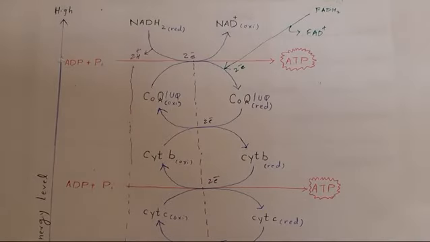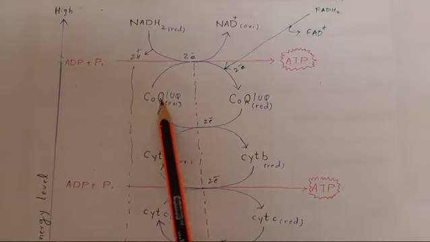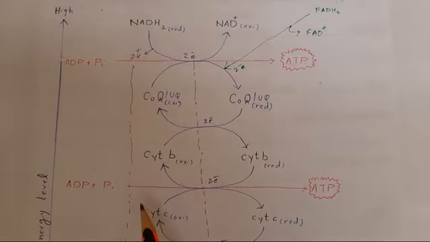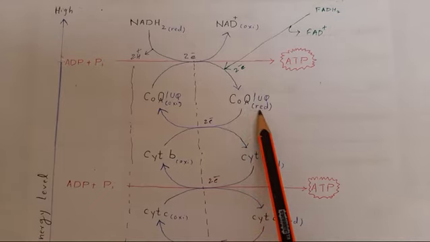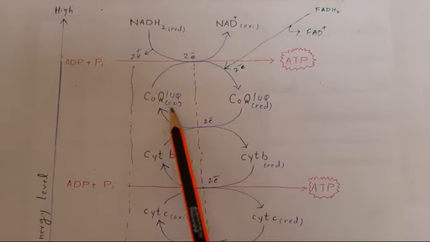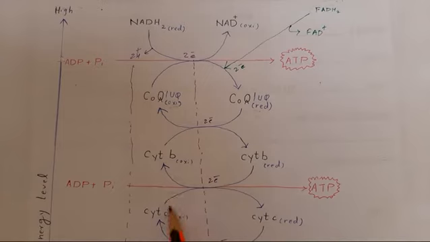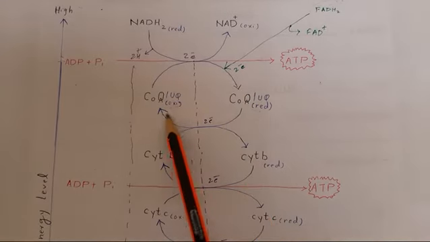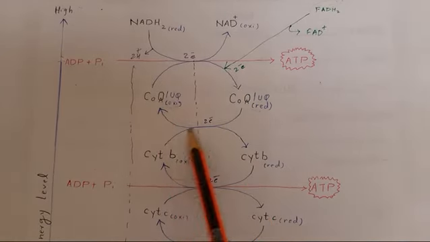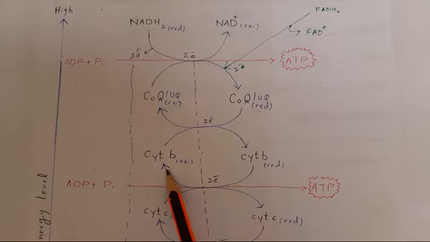The coenzyme Q and cytochromes are alternately reduced, gaining electrons, and oxidized, losing electrons, right?